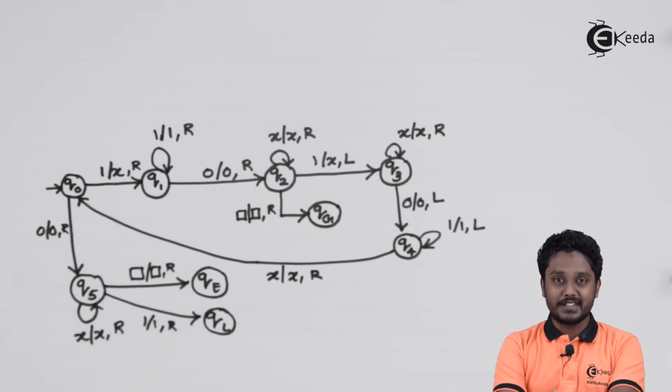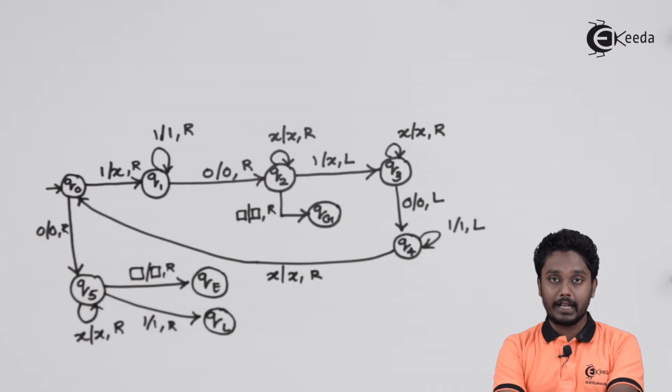Over here, I have constructed the required Turing machine, but I have not declared any state to be the final state. The question says that whenever x is greater than or equal to y, we need to declare that particular state as final.